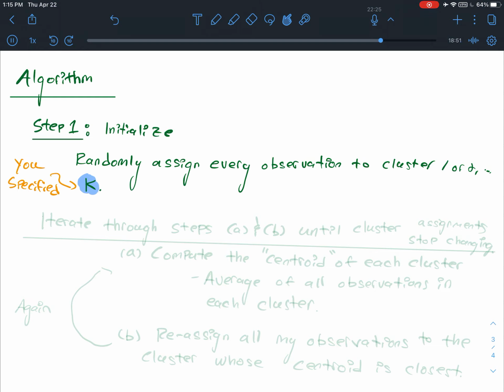Okay, so how do I make it better? The first step I'm going to do is compute what's called the centroid of each cluster. It's a really big word, but this is literally just the average of all observations in each cluster.